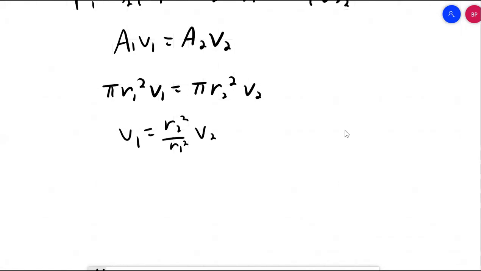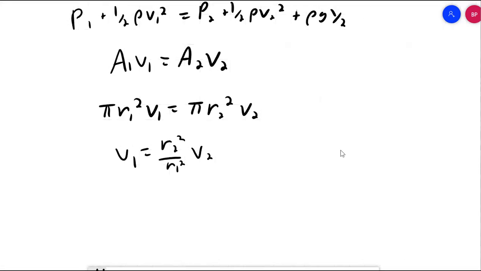So if we do that, we still have our pressure here. Now our V1 is squared in our formula up here, which means we have to square everything. We have to square both of these radii and the velocity.